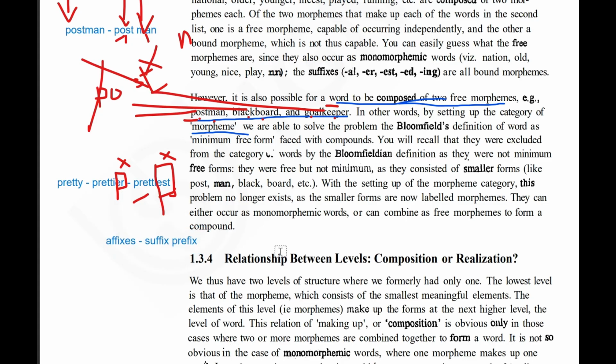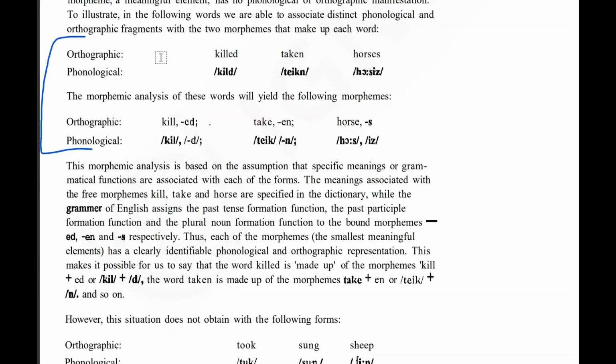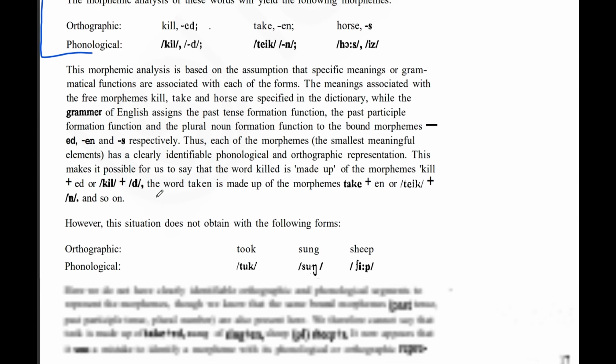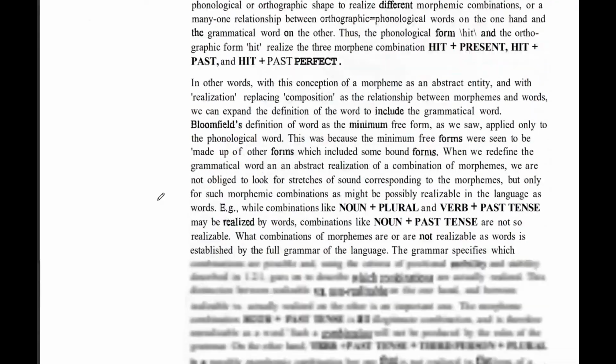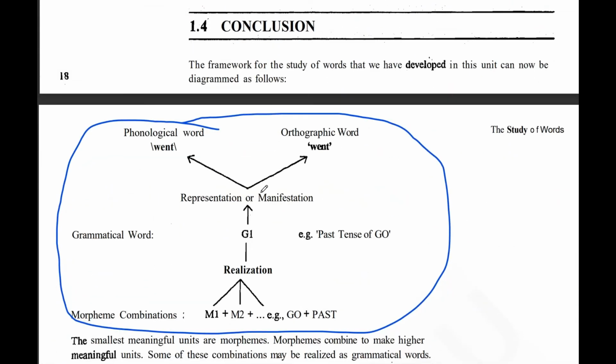Okay, let's go down. So they have given more examples, like kill is your actual word. Kill is the actual word. And then you can write it as killed, and then the phonological form would be this one, right? And you put killing or killed, and there would be more such words. There are more examples of these. And this brings us to the conclusion, where we understand that if I take the word go, then the orthographic word is went. If I take the other form of go, the phonological word, it is always shown in these lines, went.